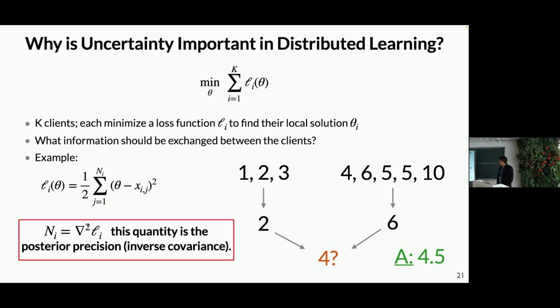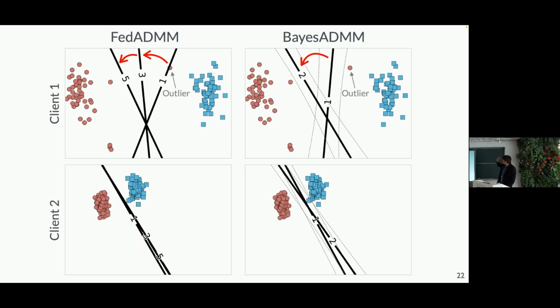And what you should communicate additionally is the posterior precision. This is related to the Hessian of my loss, and it's the number of data examples. And if the clients communicate their solution and the number of data examples, they can average them and converge in a single step.